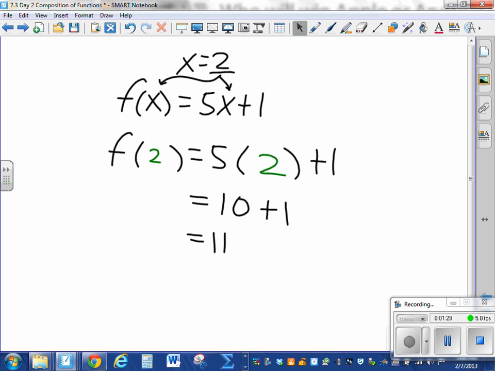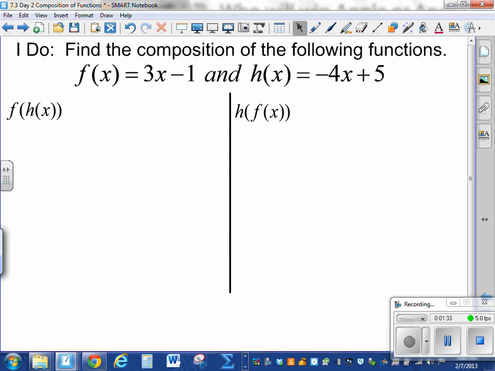So it's going to be similar to that in that I'm going to give you guys a value and you're going to plug it in. So let's go ahead and try this out. Gave you two functions, f of x equals 3x minus 1, h of x equals negative 4x plus 5. First off, the way it's read is f of h of x.